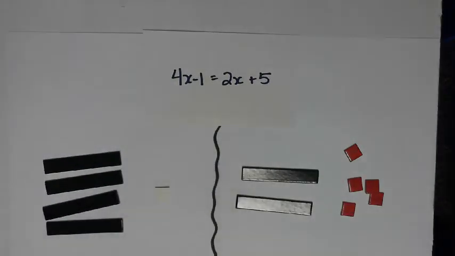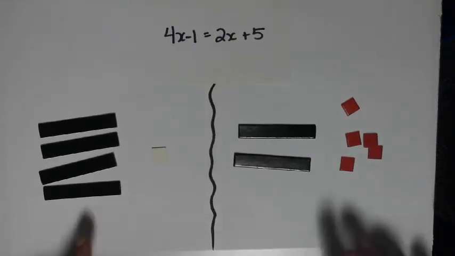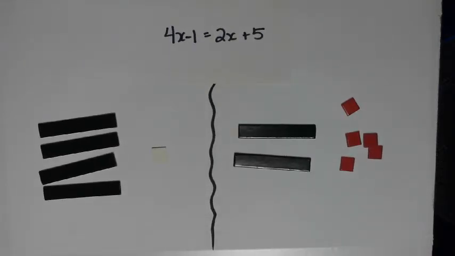Alrighty. Just for consistency's sake, I'm going to aim for my bars on the left side and my units on the right side. There's no preference really, I'm just doing that for me.